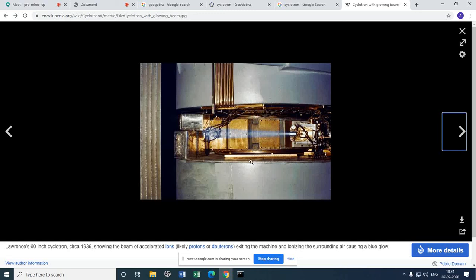These two top points are the source of the magnetic field. That blue color beam you see is exiting the machine. It is coming out and ionizing the surrounding air, causing a blue glow.